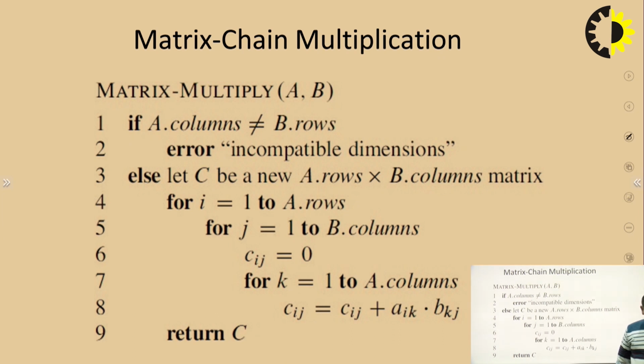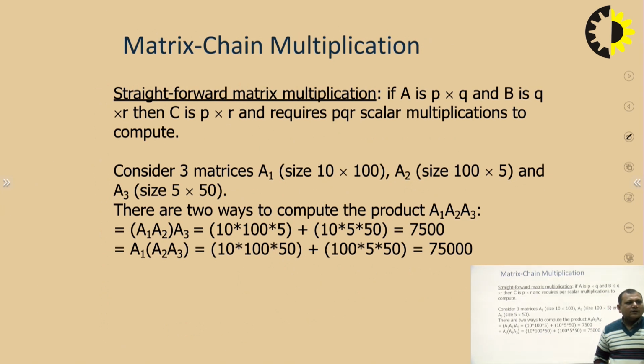For i equals 1 to A.rows, for j equals 1 to B.columns, Cij equals 0. Now for k equals 1 to A.columns, Cij equals Cij plus Aik times Bkj.